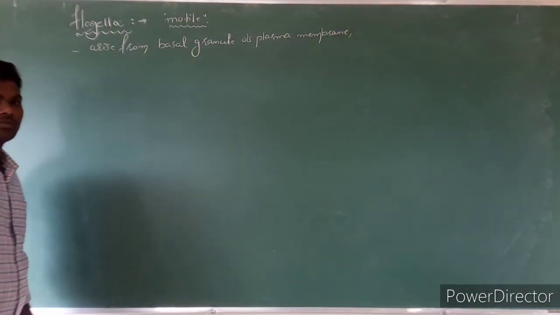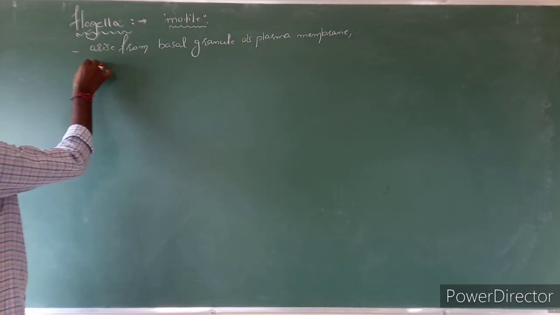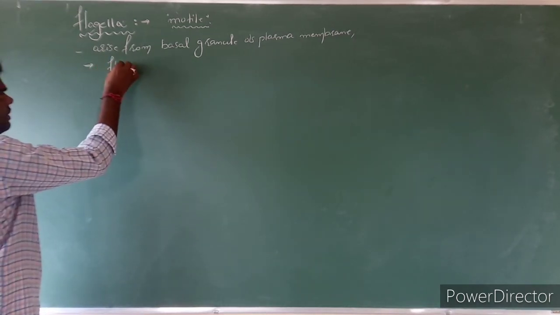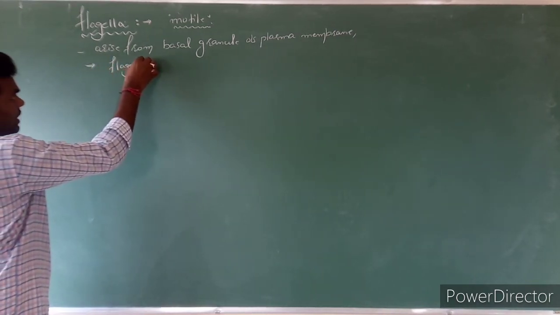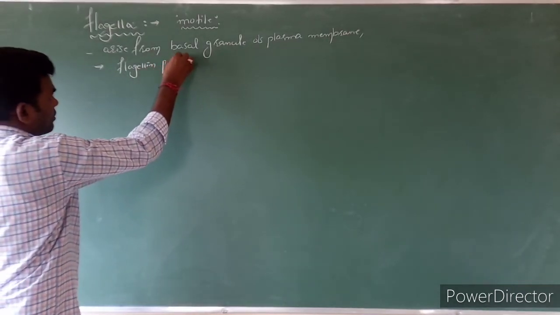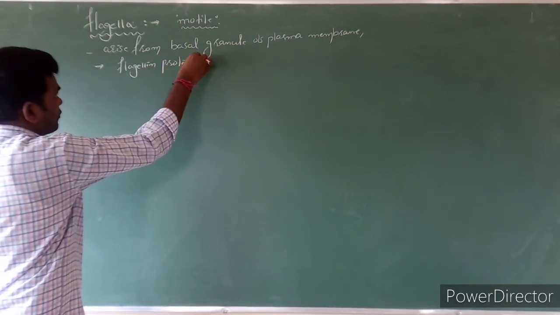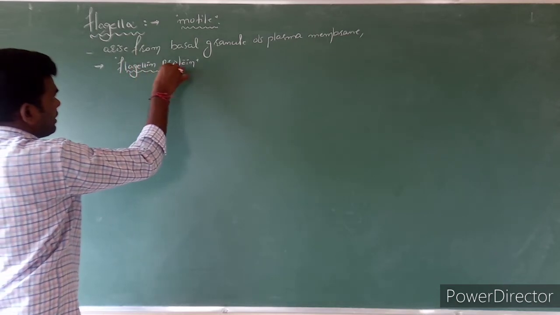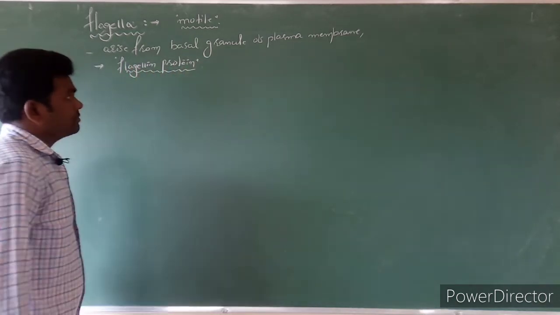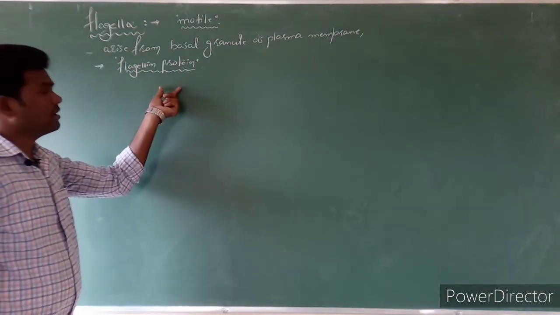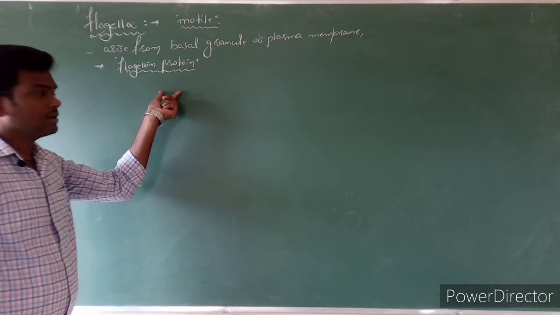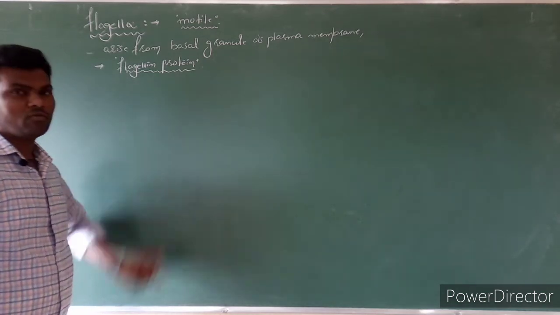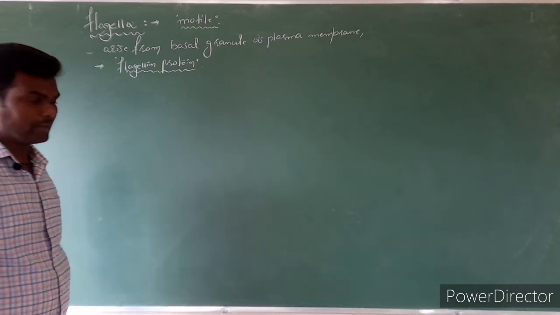Generally, flagella is made up of flagellin protein. And here, based on flagella number, we can divide bacteria into the following types.